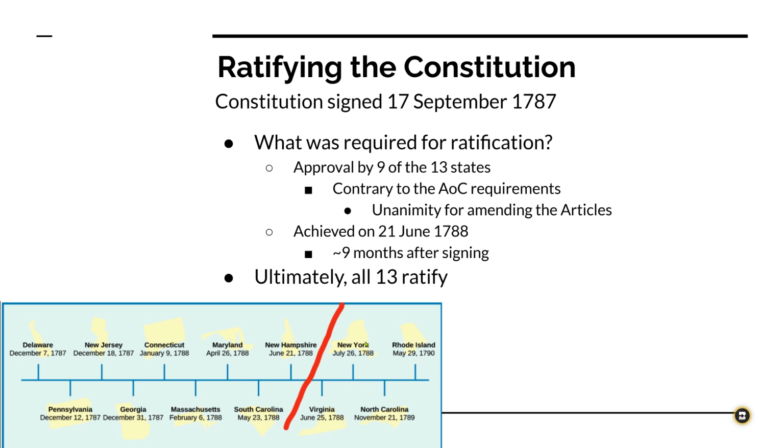But 2 of the major states, New York and Virginia, don't ratify it until after we have already met the requirements for the Constitution to take effect. In those 9 months, there was a lot of debate.